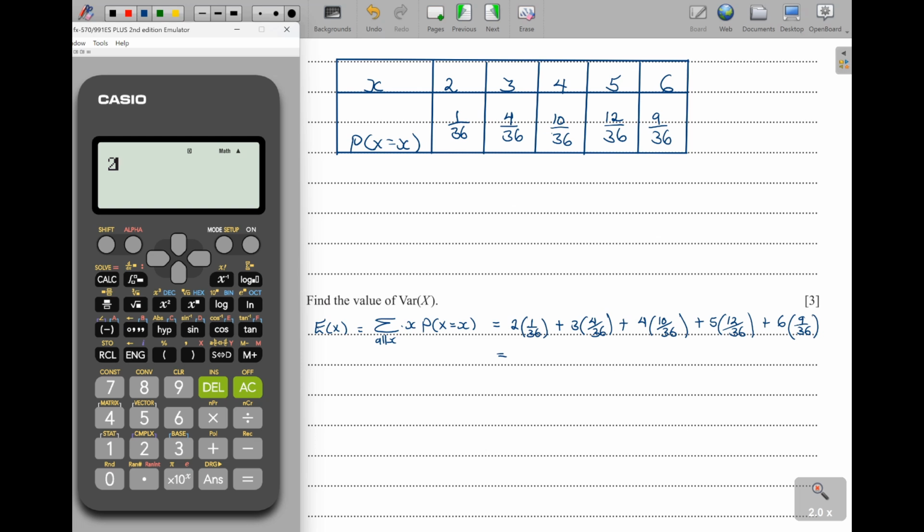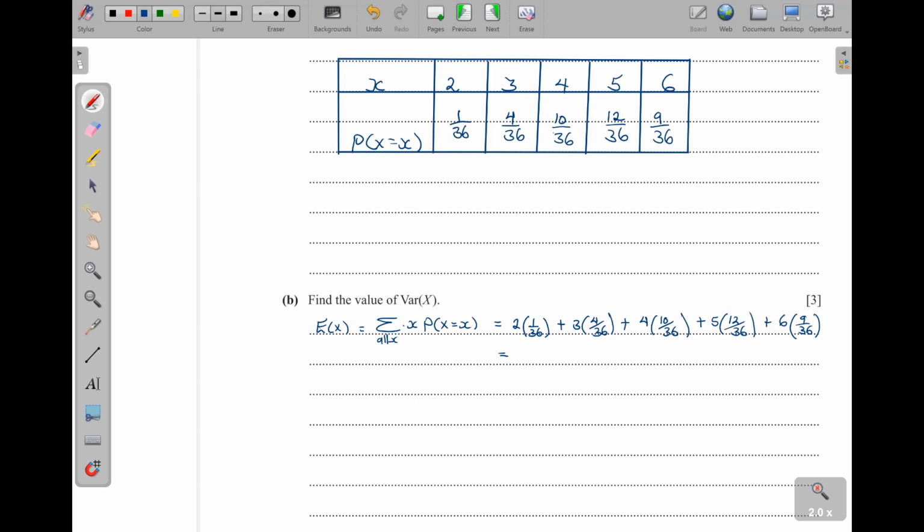So 2 times 1, that is 2, then 3 times 4, that is 12, 4 times 10, that is 40, and then 5 times 12, that is 60, and then 6 times 9, that is 54. So we get 168 over 36.